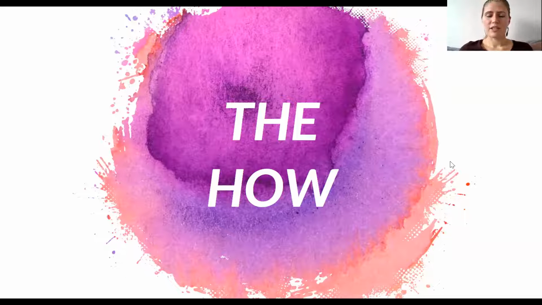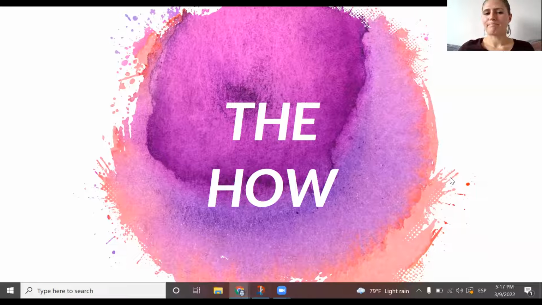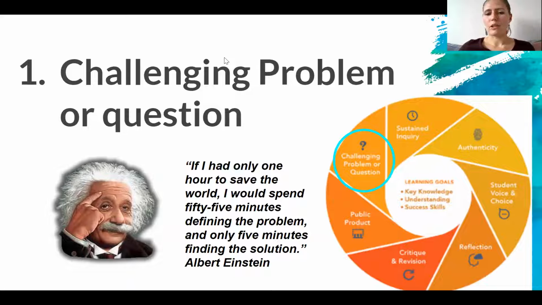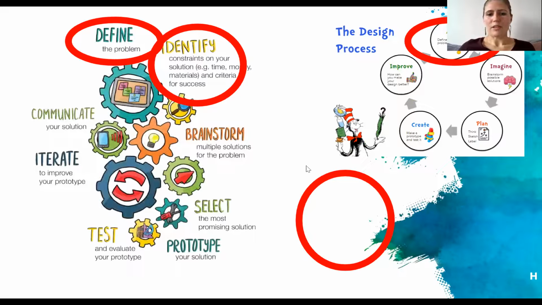All right, so now we're going to get into the how. This is the speed tour. We're going to do lots of modeling, so get your fingertips ready to write things in the chat and into your grab bag. So the first thing in PBL is you need to start with a challenging problem or question. This is what makes it authentic. It's what makes it compatible with the engineering design process.